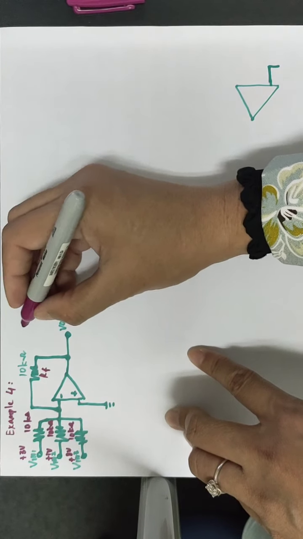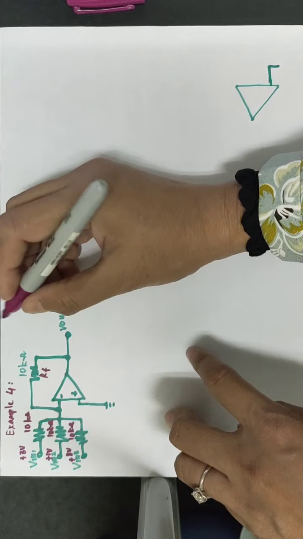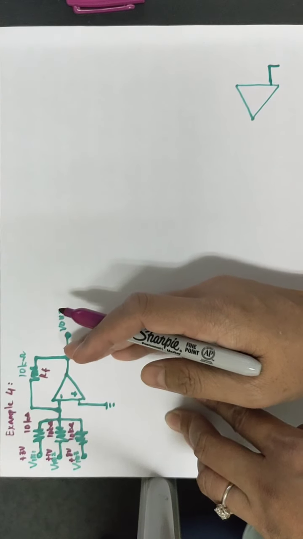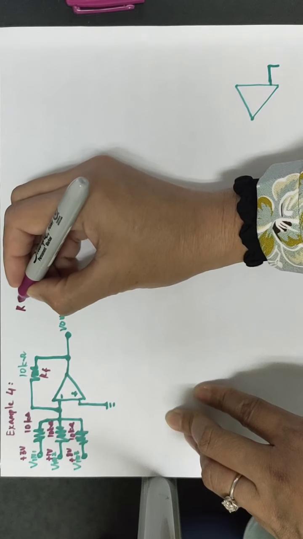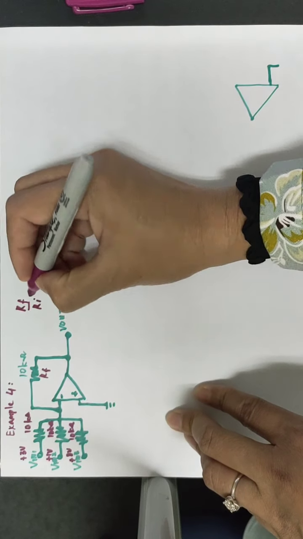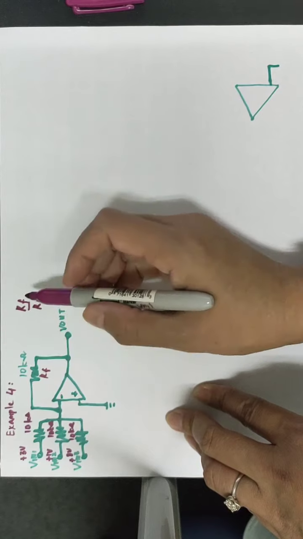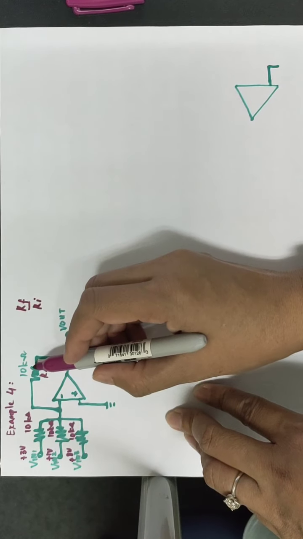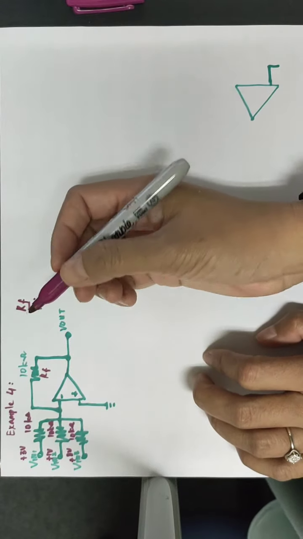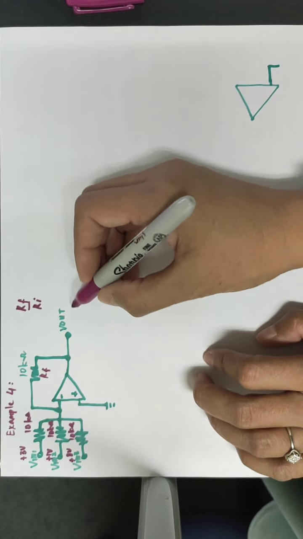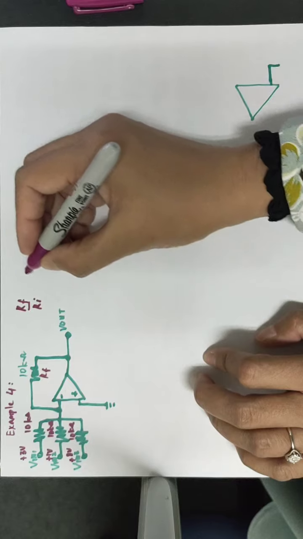So we know, we find the gain: RF over RI is equal to 1, right? In this case, the question is asking you to find V out.